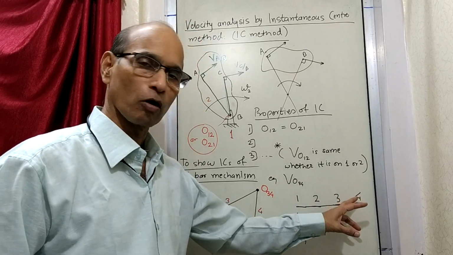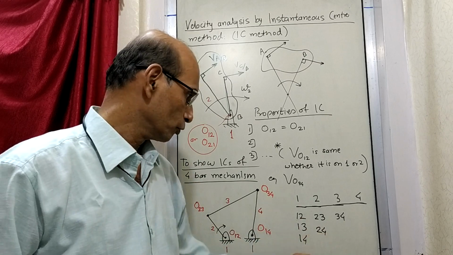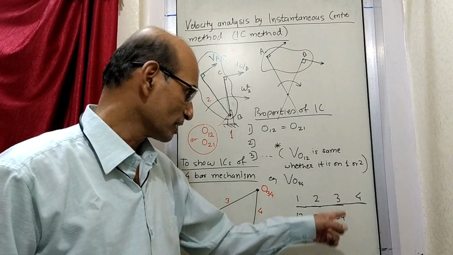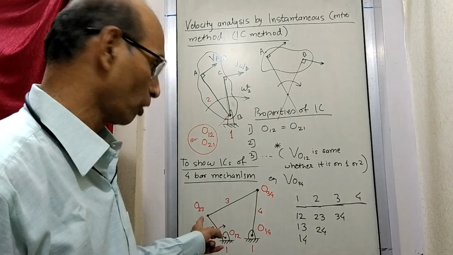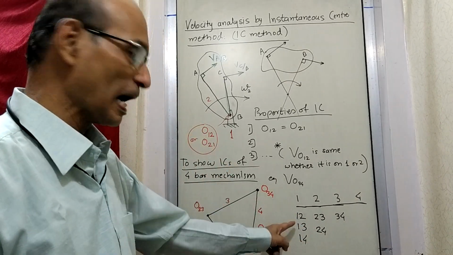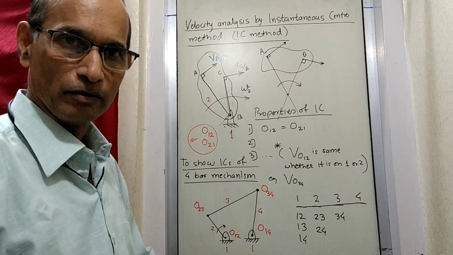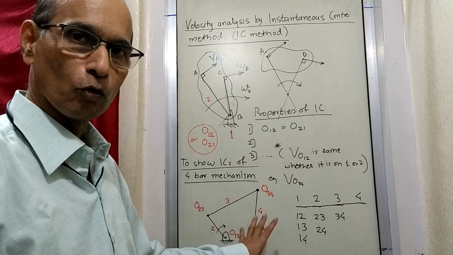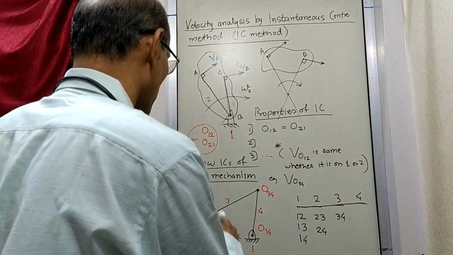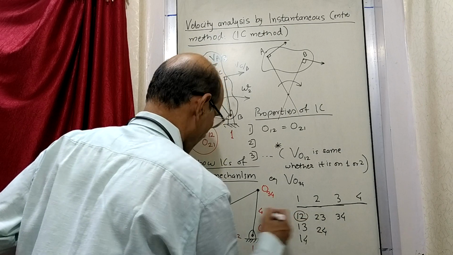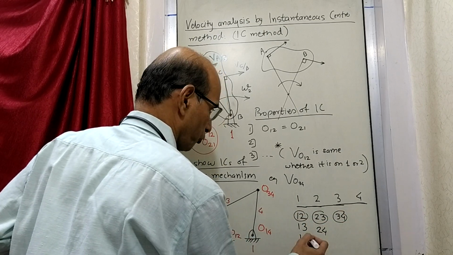So as per that, 4 links taken 2 at a time, when order is not important, you get 6 combinations. Now these 6 combinations are the 6 ICs that are present for this case. Out of these 6 ICs, 4 ICs we have already obtained, we have located them only by inspection without any difficulty. Now which are the ones which we have indicated? 1 2, 2 3, 3 4 and 1 4.